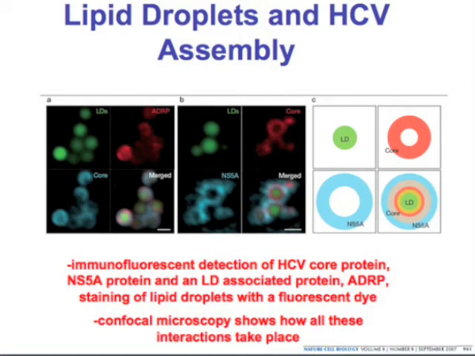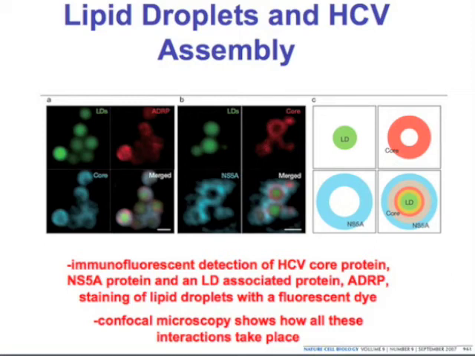This is an immunofluorescent detection of the HCV core protein in blue, the NS5A protein also in blue in a separate experiment, the lipid droplet-associated protein ADRP, and staining of lipids with a fluorescent dye in green. You can see here, if you look at the merged images, there are lipid droplets in the middle, surrounded by the core protein and the ADRP protein.